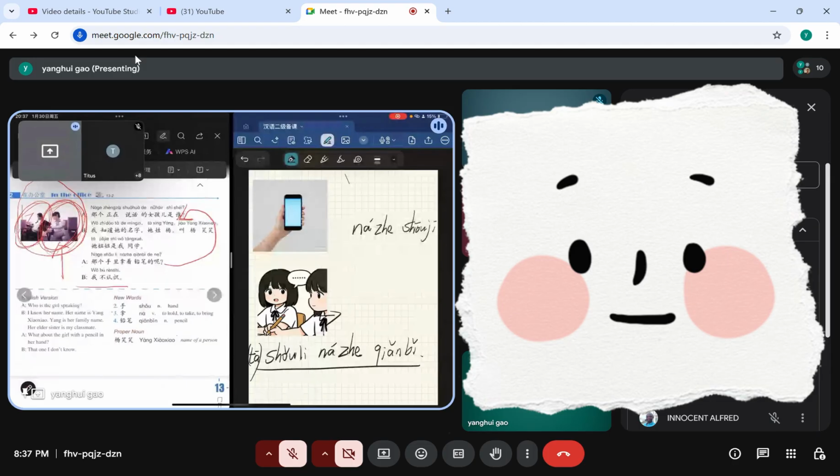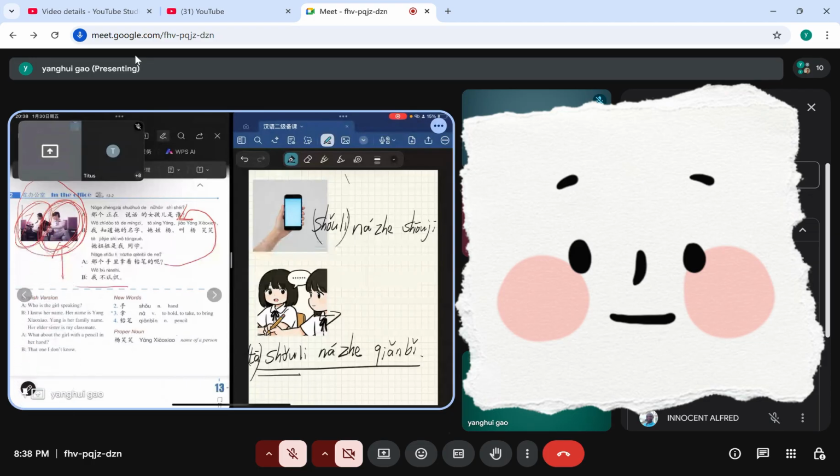So the phone is in her hand, so we can add the 手里 here: 手里拿着手机, or just say 拿着手机, it's okay. Good, okay, and continue.